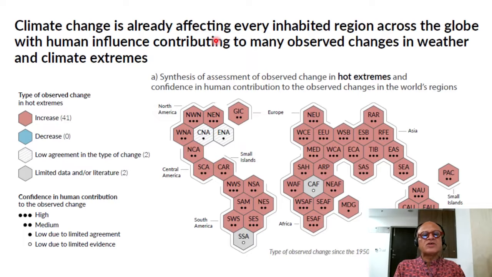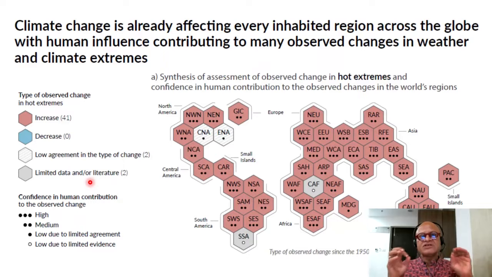And climate change is already affecting every inhabited region across the globe, with human influence contributing to many observed changes in weather and climate extremes. This is what we said when we opened this chapter with the AR5 map. Here things are done slightly differently. So we are looking at type of observed change in hot extremes: increase, decrease, low agreement in the type of change, and limited data and/or literature.